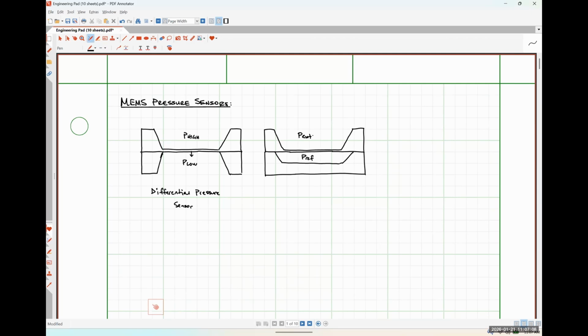So this is what would be called a relative pressure sensor because the deflection is dependent on the relative difference between the external pressure and the constant pressure inside the cavity.